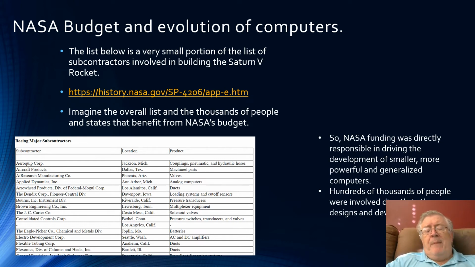And so you can imagine over 50 years, hundreds of thousands of people have been involved with these NASA developments, and you can see the output of their developments all around the world.